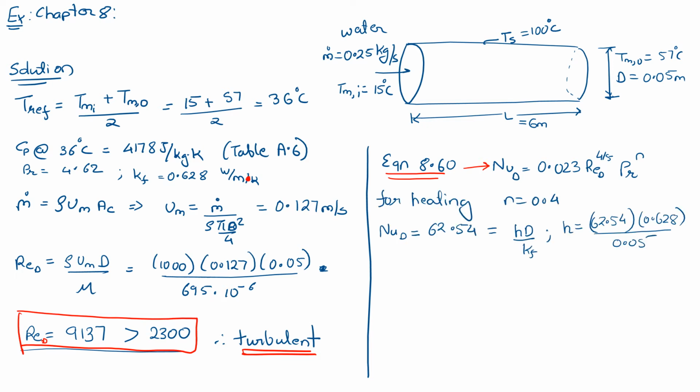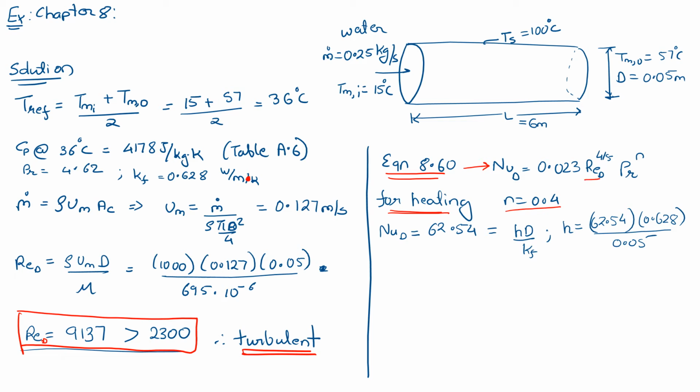And the book gives us two values of n. One is if your fluid is heating, and the other is if your fluid is cooling. In our scenario, we have our fluid heating as it moves along the pipe. So the value of n in that case is 0.4.